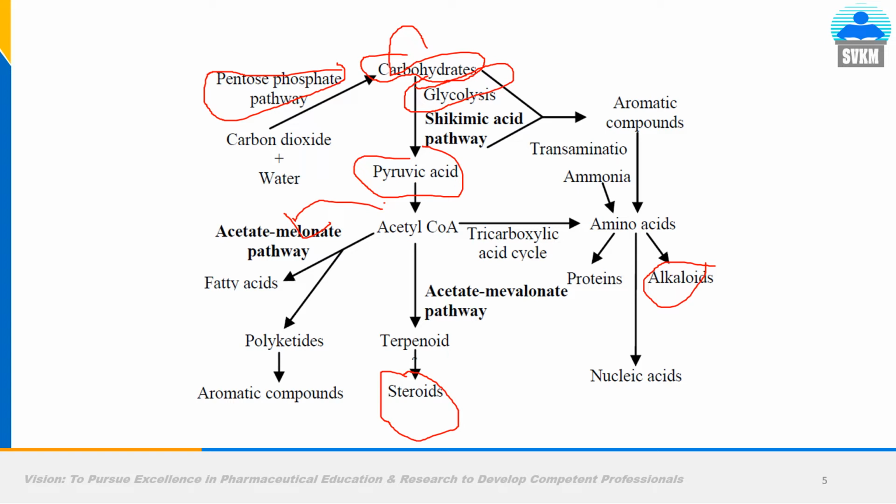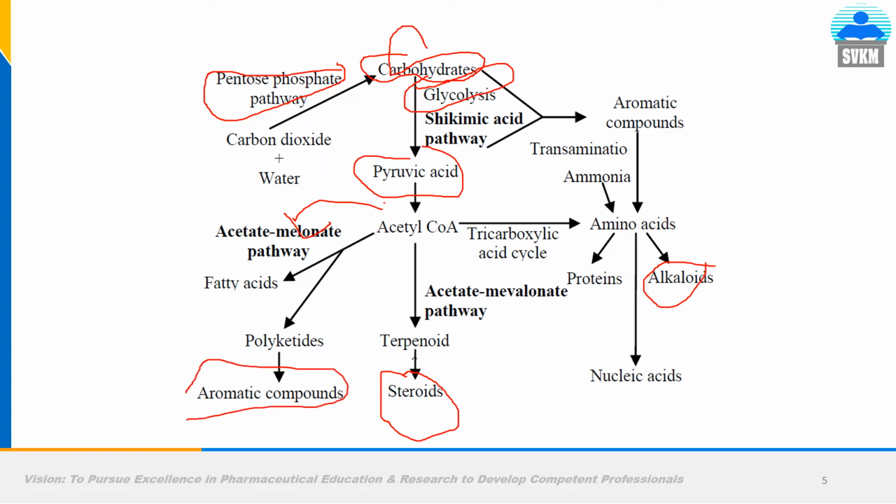The precursor for steroid synthesis is squalene. Now the acetate malonate pathway will give you fatty acids, polyketides, and aromatic compounds.